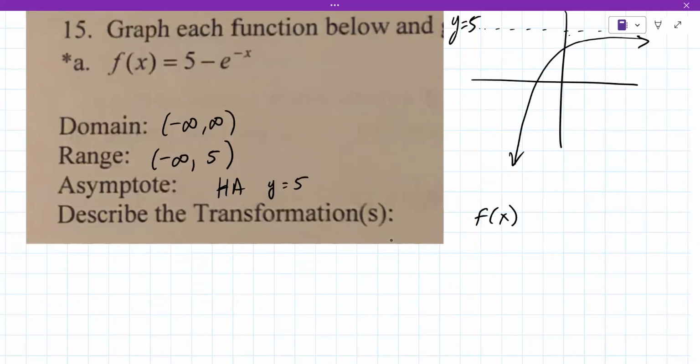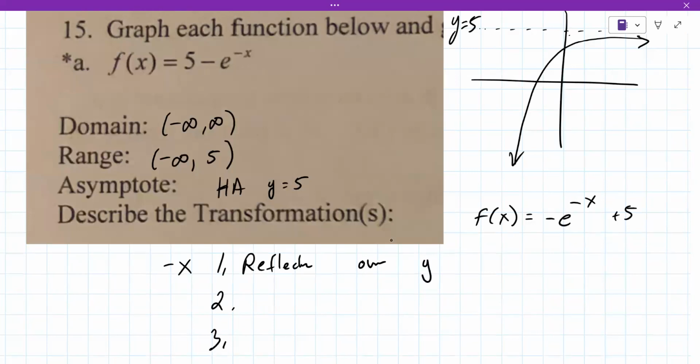f of x equals minus e to the minus x plus 5. There are 1, 2, 3 transformations. The first one is the minus in front of the x. That's a reflection over the y-axis. The negative in front of the e is a reflection over the x-axis.